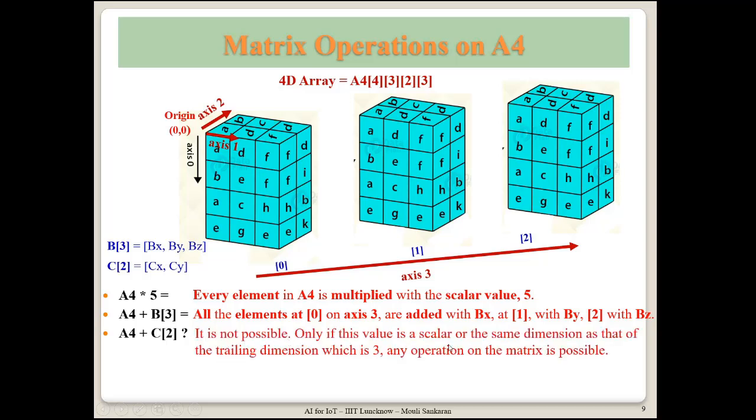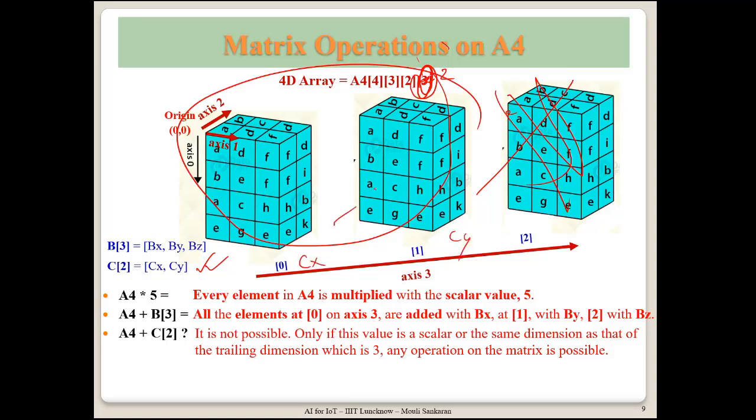Only if this value is a scalar or the same dimension as that of the trailing dimension, which is 3 now. The trailing dimension is this one. If this was 2, suppose, and I had only these 2 elements and I am giving you cx and cy, no problem, I will do cx here and cy here, and my job is done.